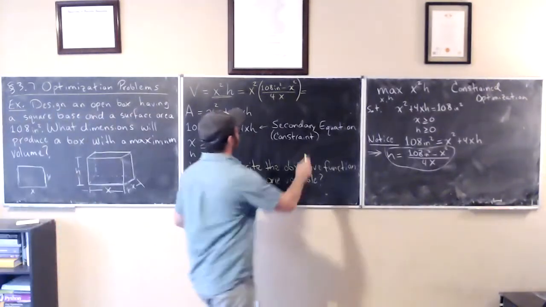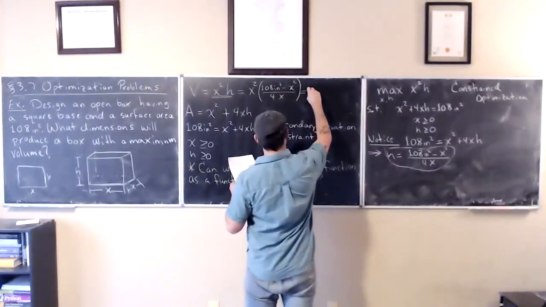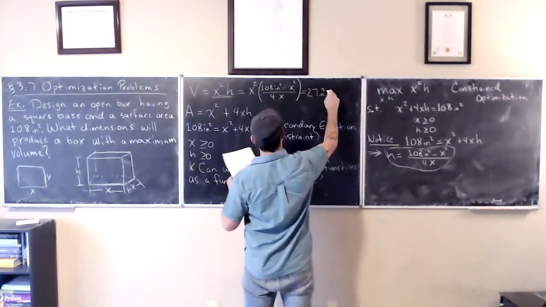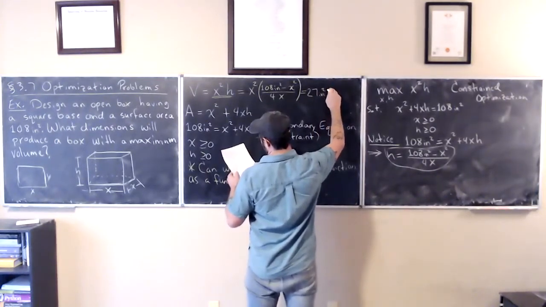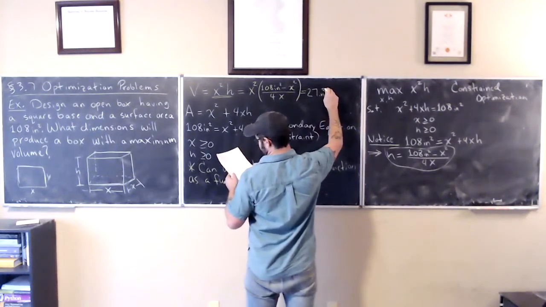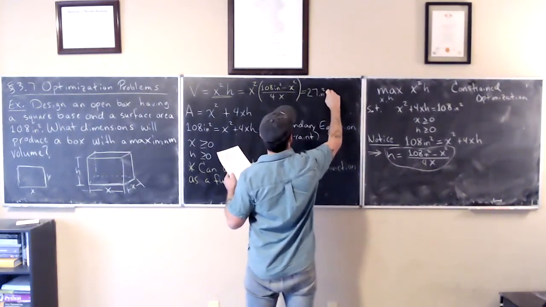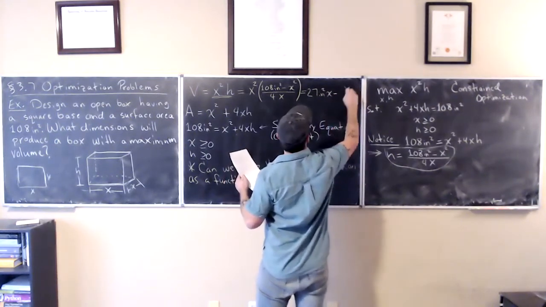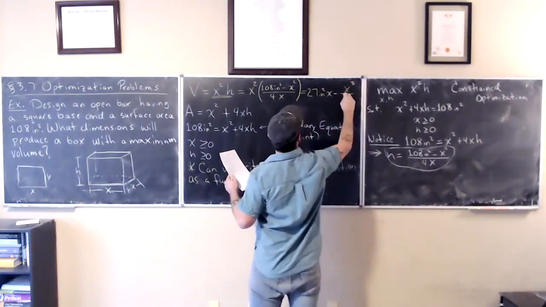So this becomes 27 inches squared times x minus x cubed over 4.